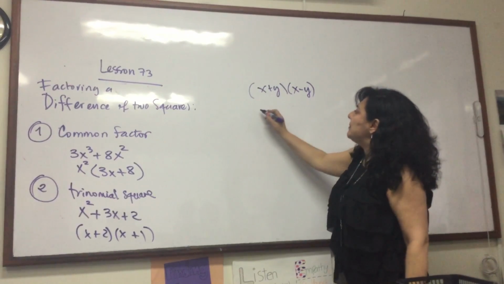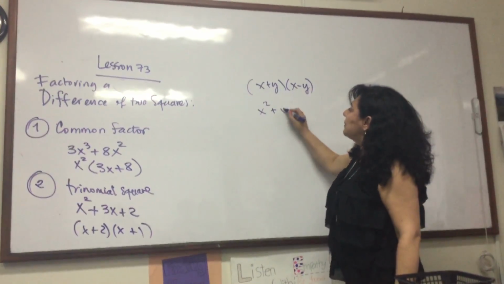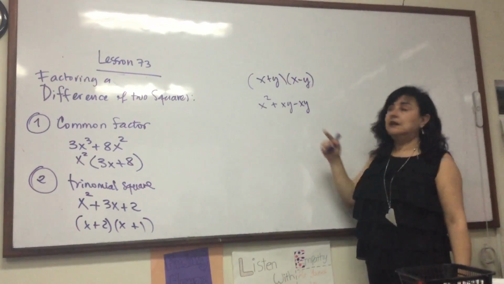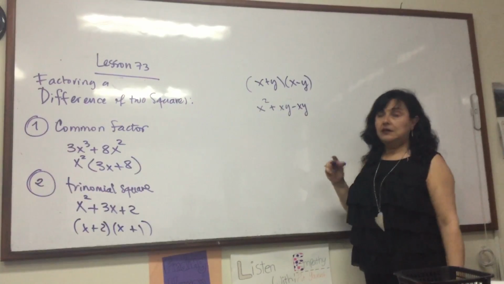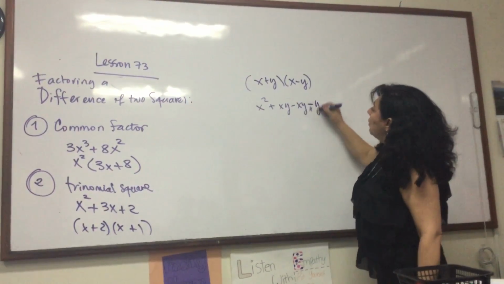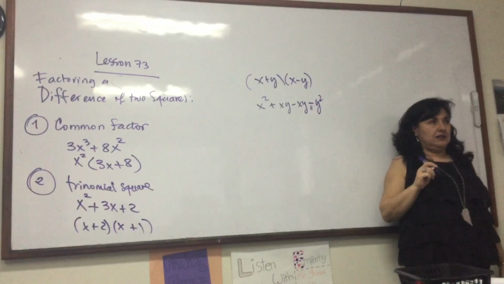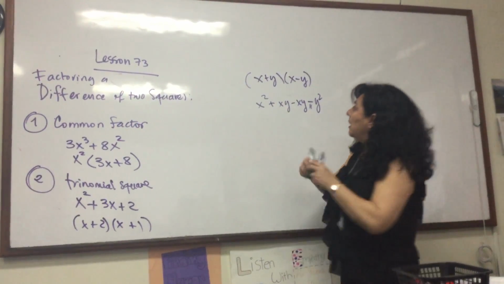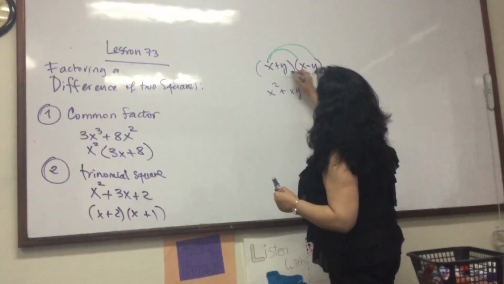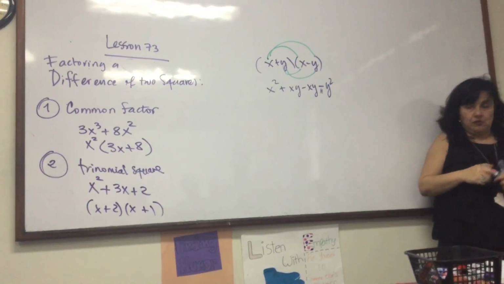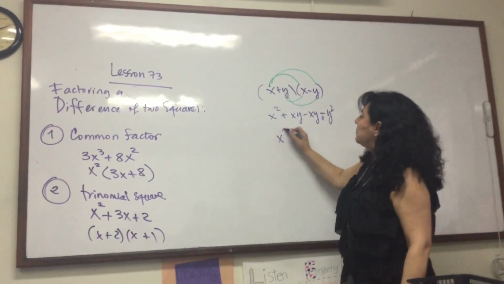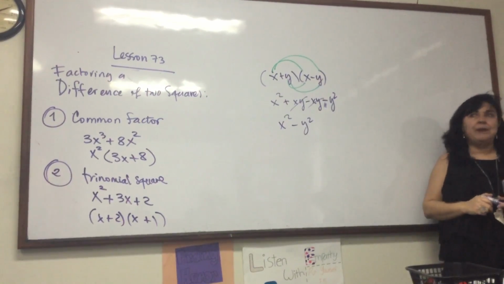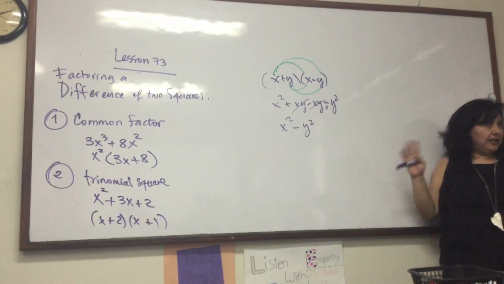I would get x squared, plus xy, minus xy, minus y squared. It's everybody against everybody. When I simplify this, I get x squared minus y squared. The middle terms are just 0, and 0 plus anything goes away.